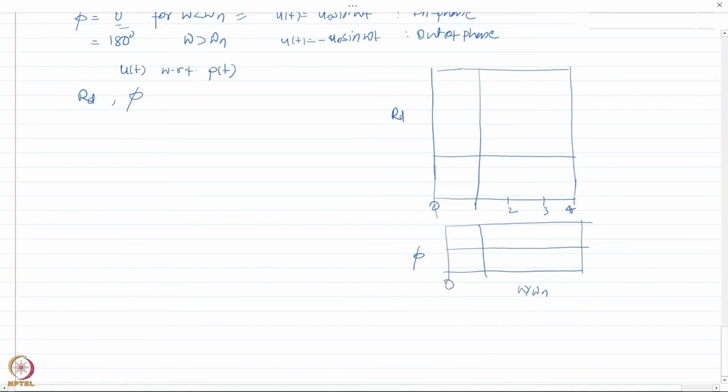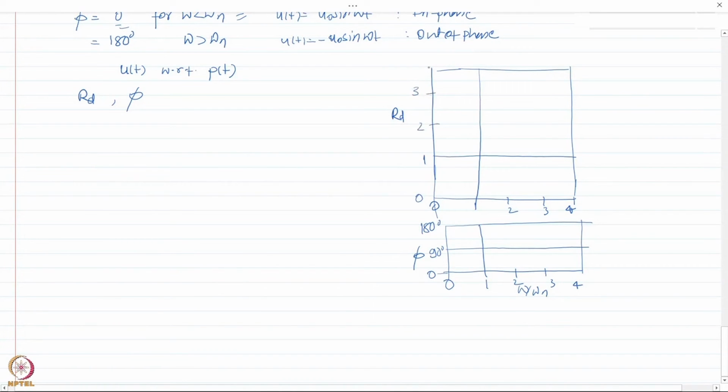Similarly 0, 1, 2, 3, 4, and so on. The vertical axis for phi is 0 degree, 90 degree, 180 degree, and here it is 0, then the value of 1, then 2, then 3, and so on.